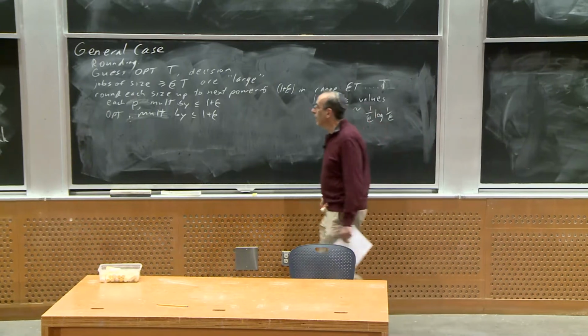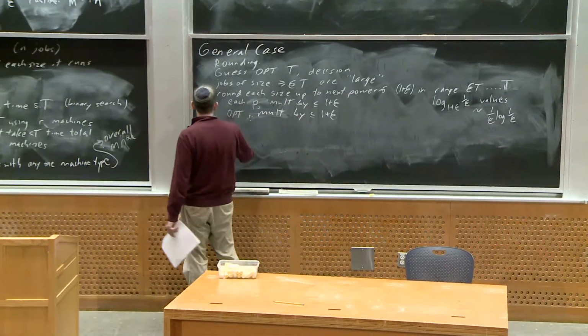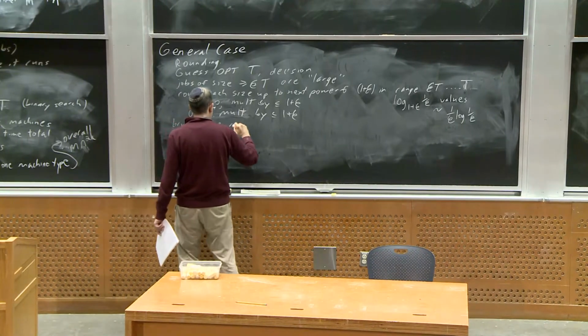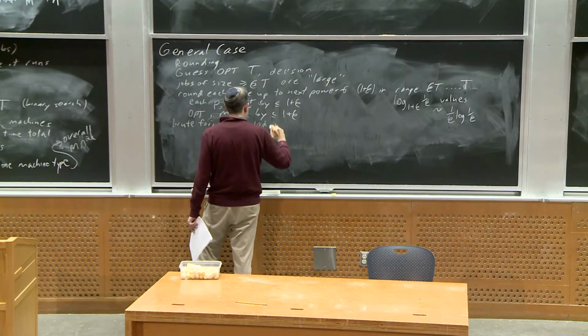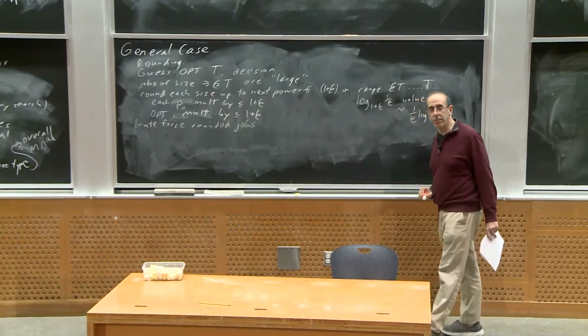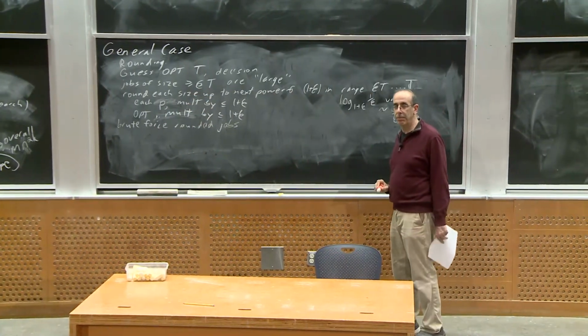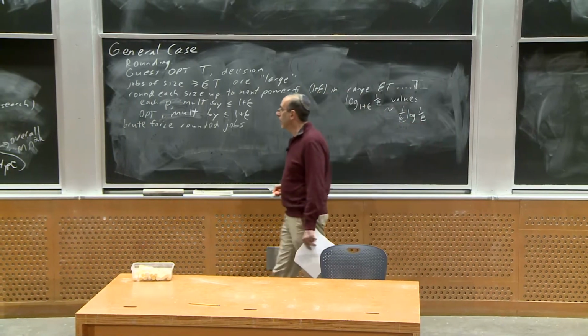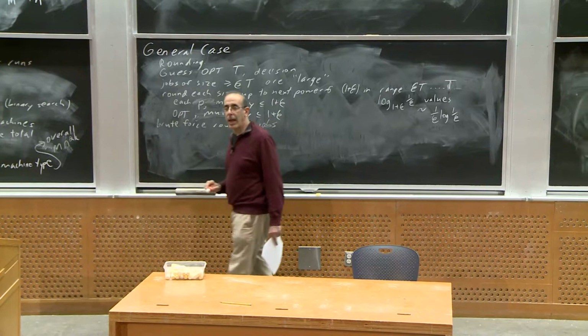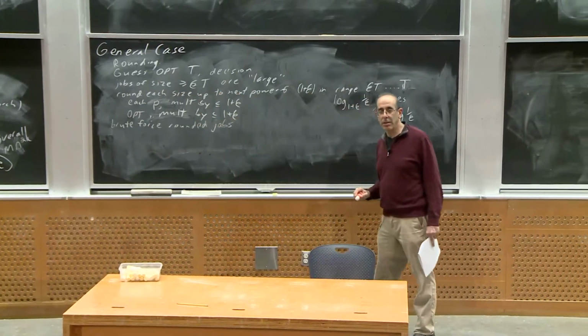Okay. We know now how to brute force the rounded jobs to get an optimal schedule of the rounded jobs. The time that it takes is n to the 2k, where k is the number of job sizes.